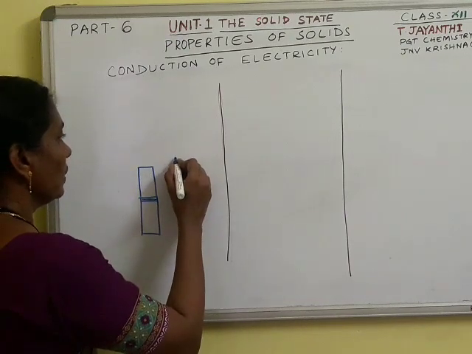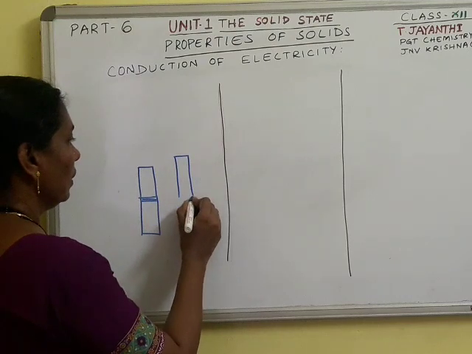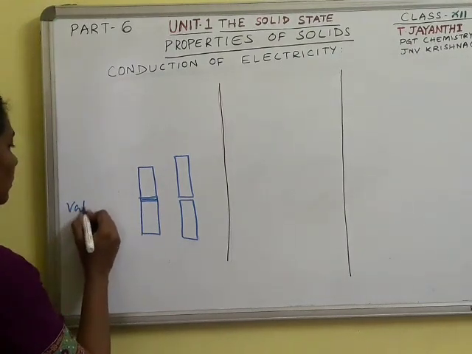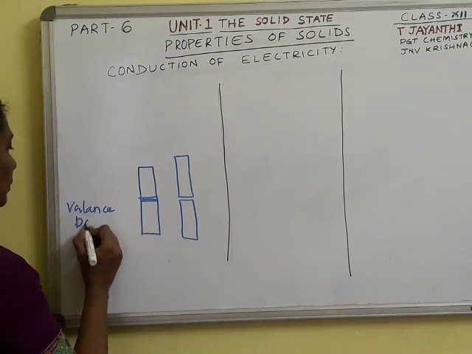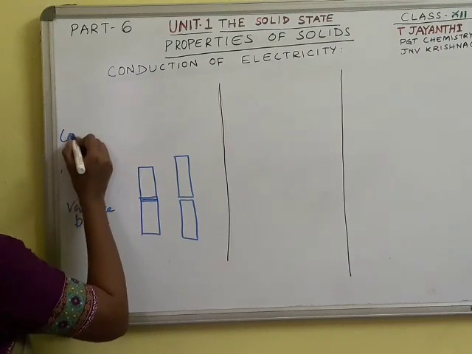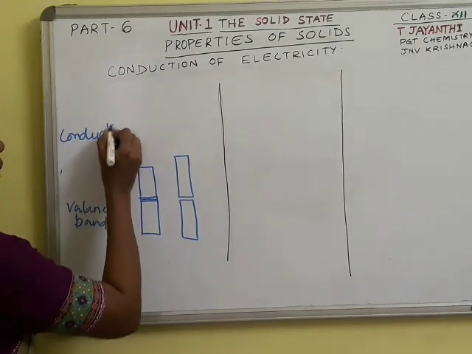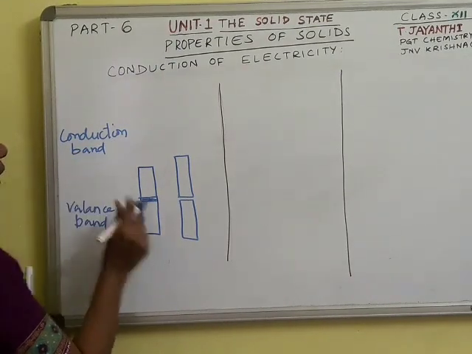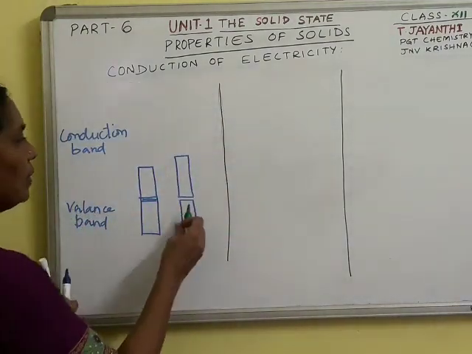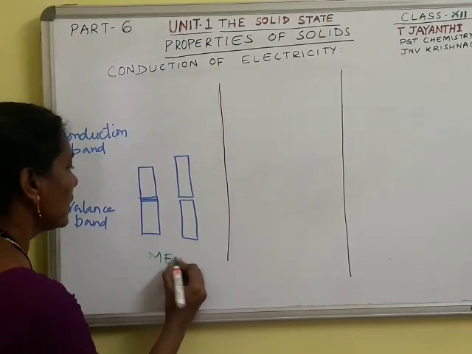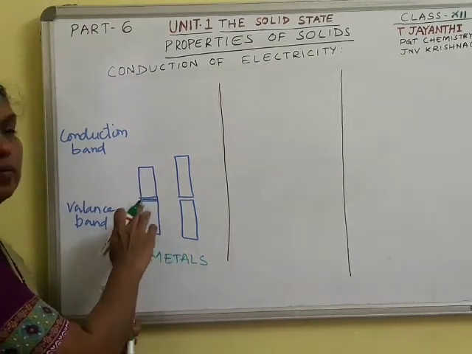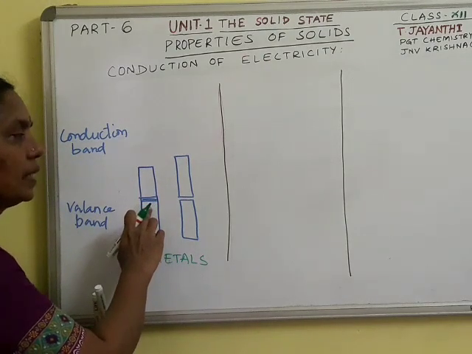In the case of metals, the valence band and conduction band are overlapping, or the distance between the valence band and the conduction band is very less in the case of metals.